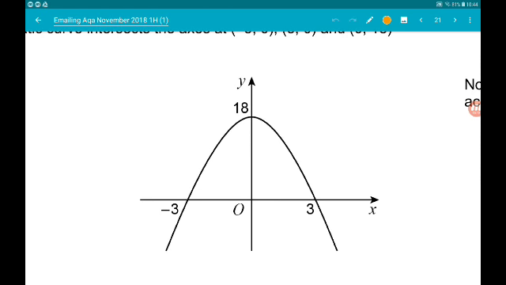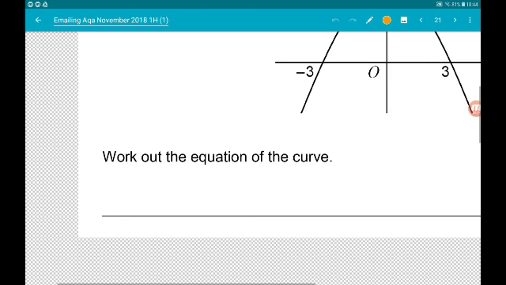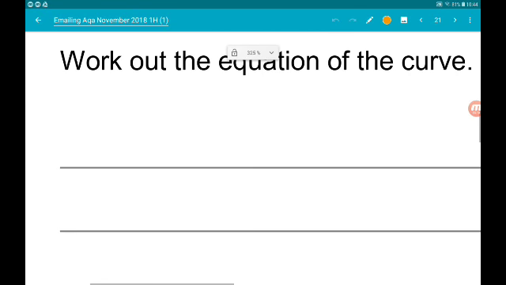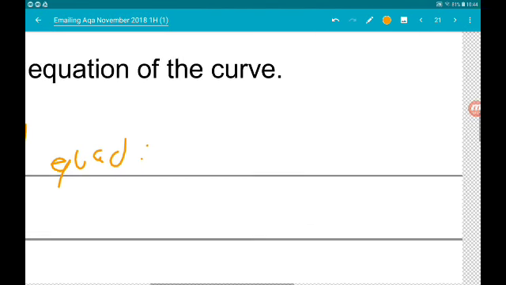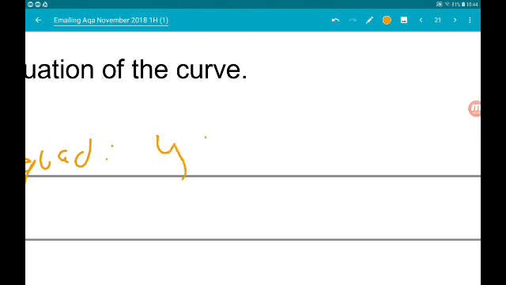Okay, pretty tricky one. So, the general quadratic is y equals ax squared, add bx, add c.